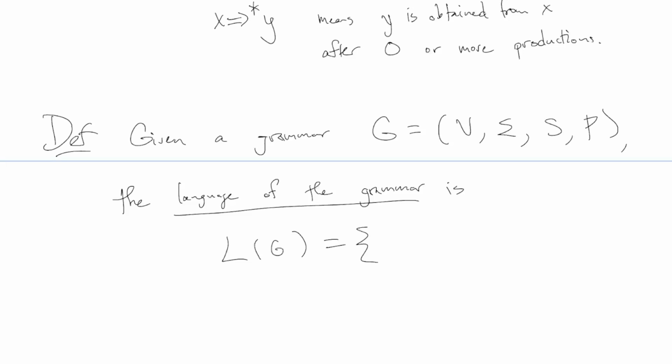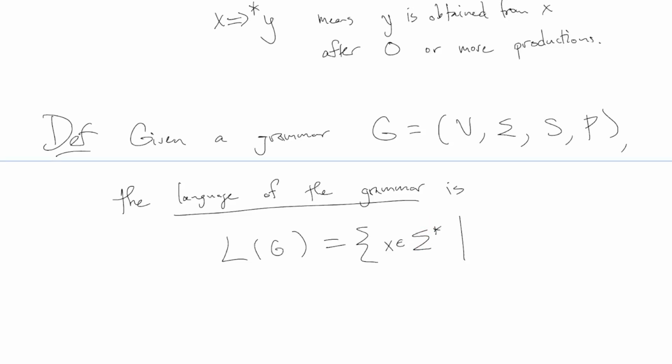It is the set of strings. First of all, the language is a string of terminals. Things in the language are things with A's and B's. They don't have S's and X's in them. So I'm going to say the language is the set of X in sigma star such that something, something, something. Here I'm saying the strings which are in the language must be terminal strings. That is, the strings we're talking about are like the A's and the B's. They're not involving the big S or whatever.